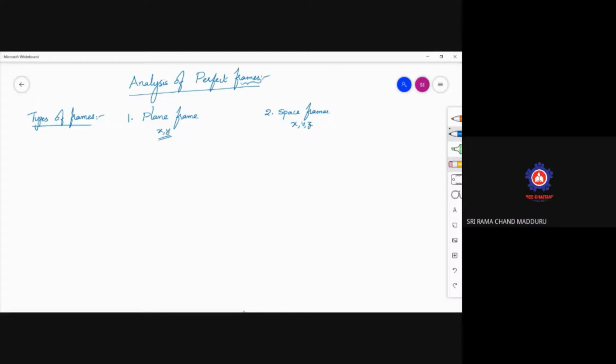These plane frames are once again classified into two categories. The first category is pin jointed frames, and the second is rigid jointed frames.